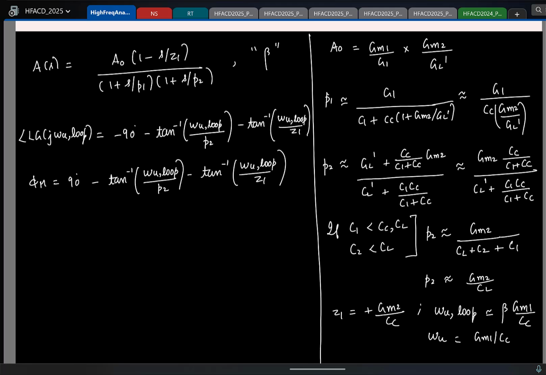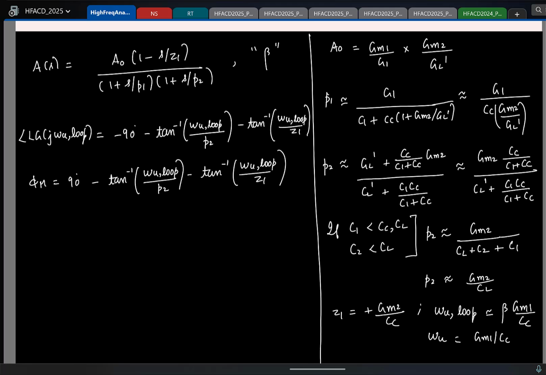Okay. Whichever way you understand, it's fine. The way I will say it is, I'll look at the absolute value of the phase so that I don't get confused with the negative sign. I'll take 180 minus the absolute value of this phase. But whichever way you are comfortable with, please go on with it.